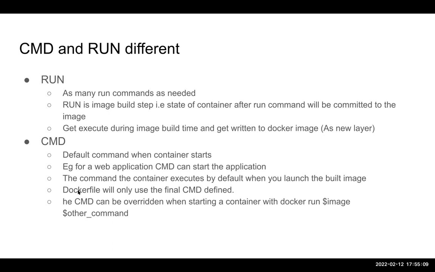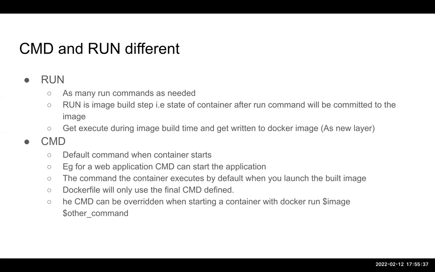Ideally you have one CMD, but in case you make a mistake and you have multiple commands, then whatever is the last command, Docker will use that. It will ignore the previous command. The command can be overridden when starting a container with docker run. So when you see docker run and you give another command, then the command which you have given in the Dockerfile can be overridden.